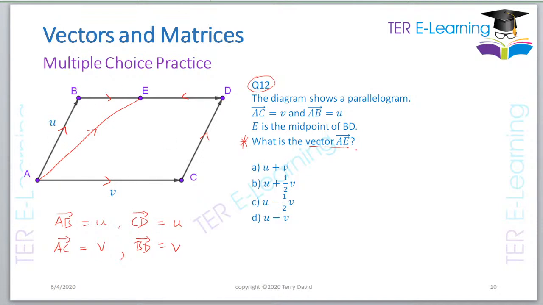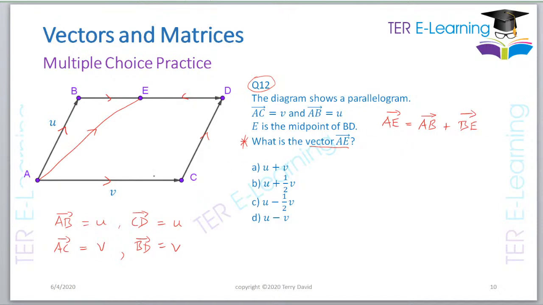Let's write the statement first. The question wants the vector AE, so we are starting at A and we want to end up at E. So we can go from A to B, so write AB plus, and then from B to E. So this statement is true.